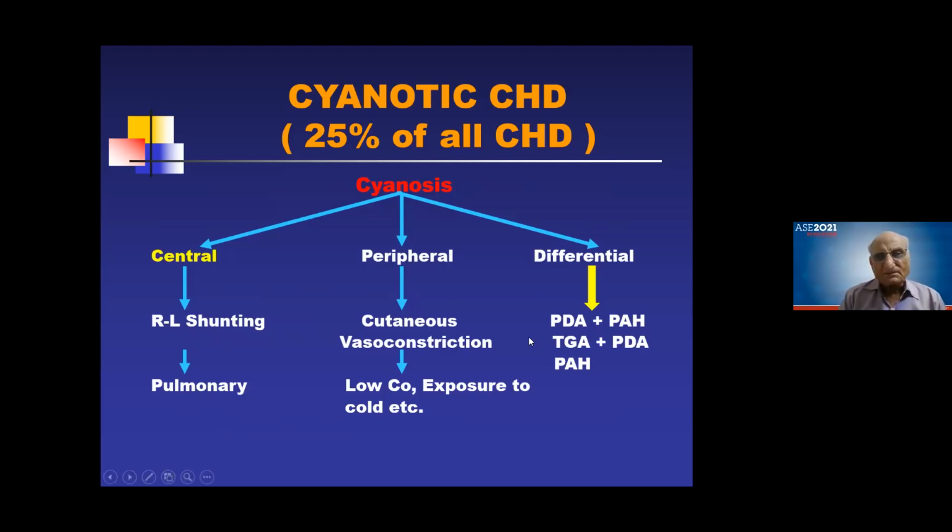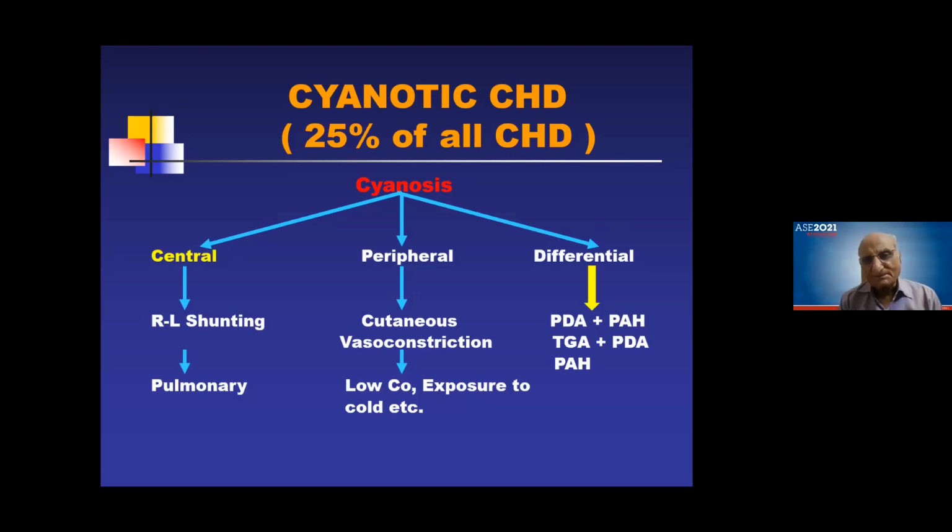The other cyanosis, which is less commonly seen nowadays, is differential cyanosis, because by this time the child usually undergoes some intervention also. Sometimes when there is a patent ductus arteriosus with pulmonary hypertension, you see cyanosis of the toes, while the upper arm is not cyanosed that much as compared to the lower limb. That is known as differential cyanosis.